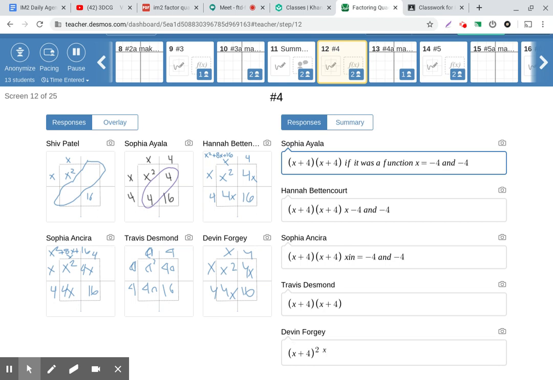Oh yeah, you have to move to the right. So this one says there's only one x-intercept, or you could say there's two x-intercepts, but they're the same number. All right. So you can just say -4 is the only true x-intercept. Perfect. Yep. Good job.